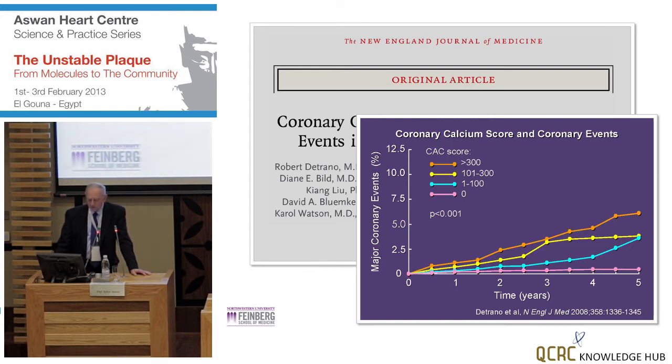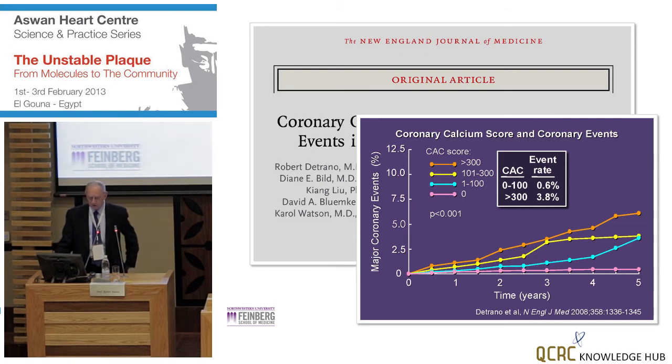So here's major coronary events, death or myocardial infarction over the course of 5 years. We see again that the higher calcium score, greater than 300, identifies a higher risk group. But if we now look again at the event rates, when we have greater than 300 calcium score, 3.8% per year, death or myocardial infarction, only 0.6% when we're dealing with a low calcium score or zero calcium, but there are many more patients who have the low calcium score.